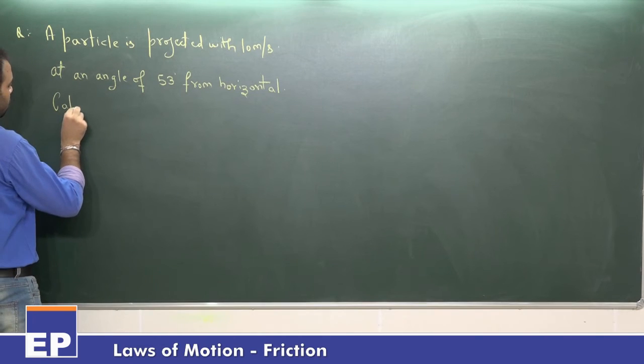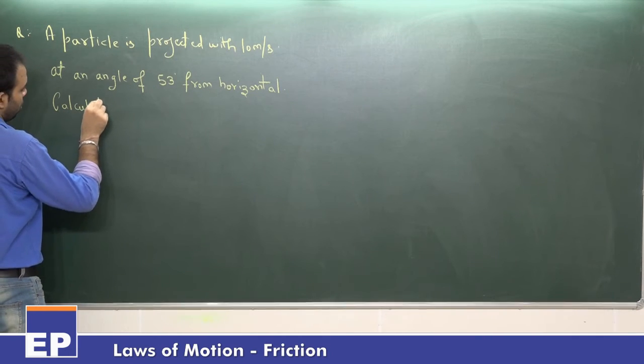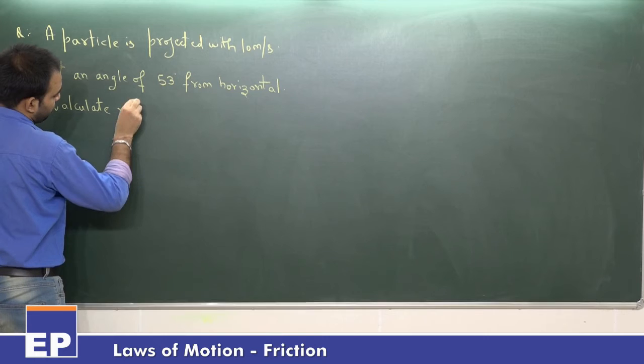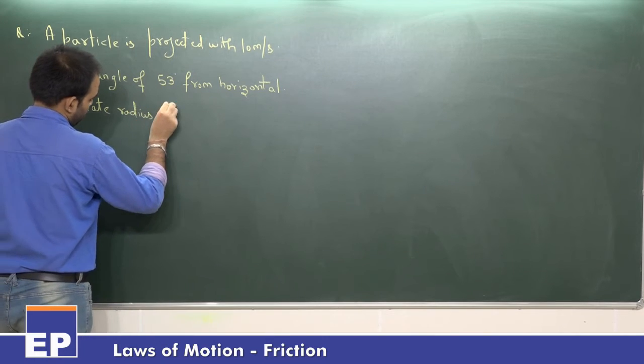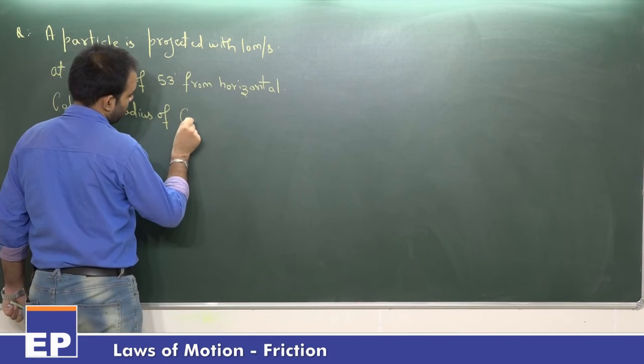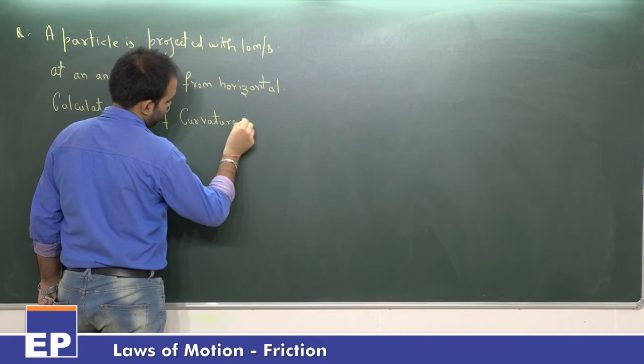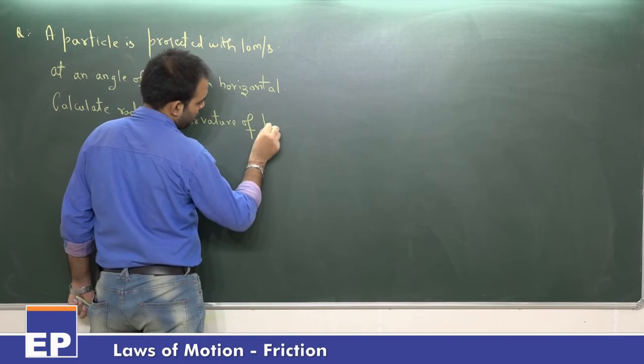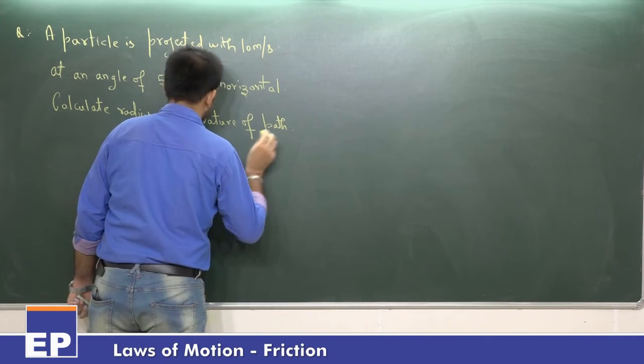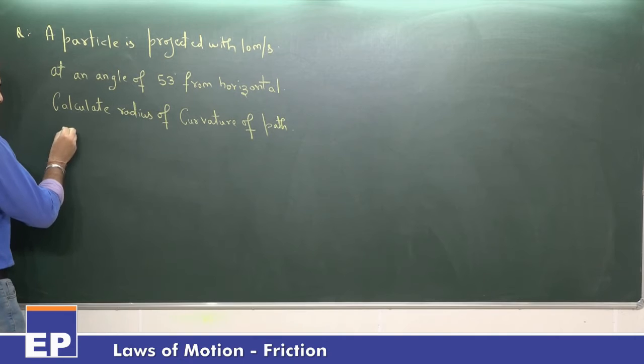Calculate the radius of curvature of path at half of its maximum height.